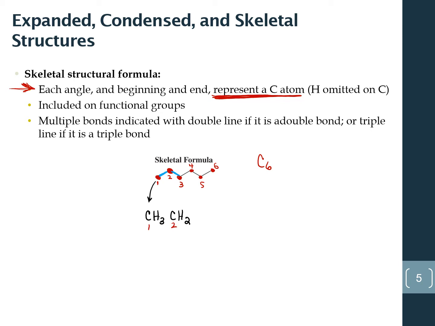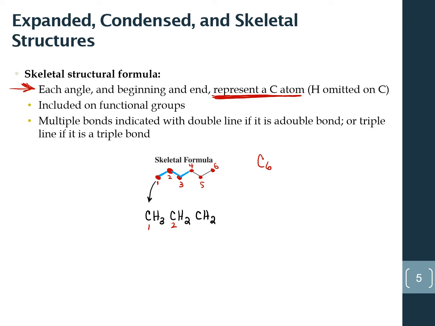Now looking at carbon number 3, something similar to carbon number 2. Carbon number 3 is bonded to carbon 2 and carbon 4. So you already have 2 bonds around carbon 3, which means that to complete the octet it needs 2 hydrogens. So that will be another CH2.